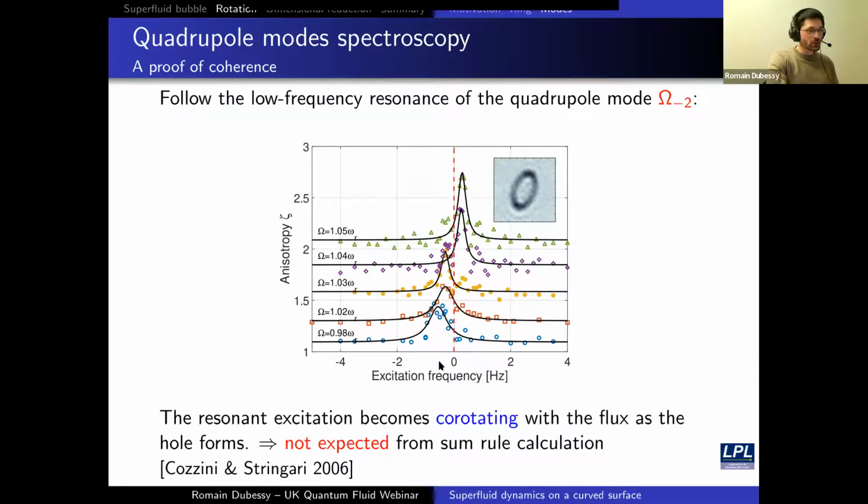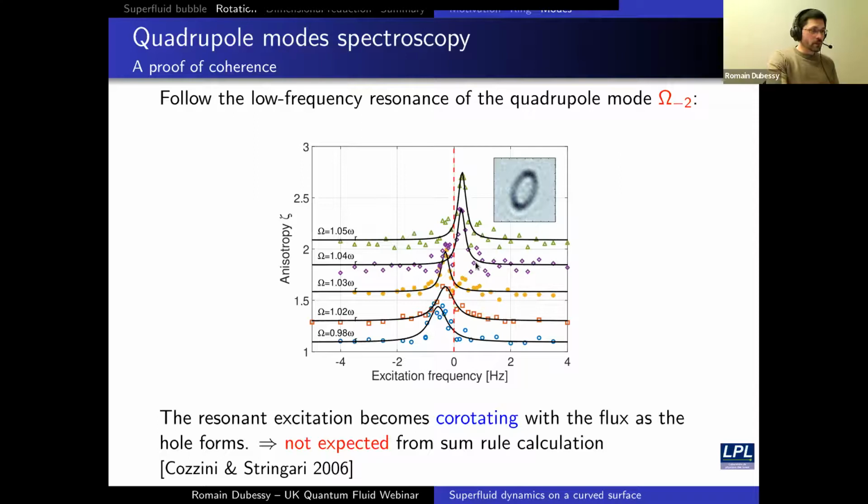This is something that we don't understand. It seems it's not due to a non-valid approximation of the theory, because we also cannot reproduce it from a Gross-Pitaevskii simulation. So that's still something that we don't understand.